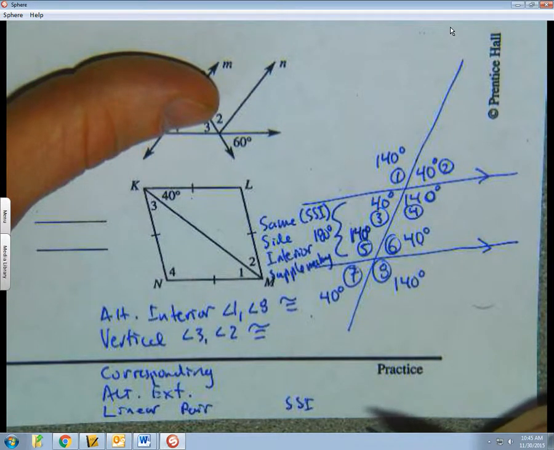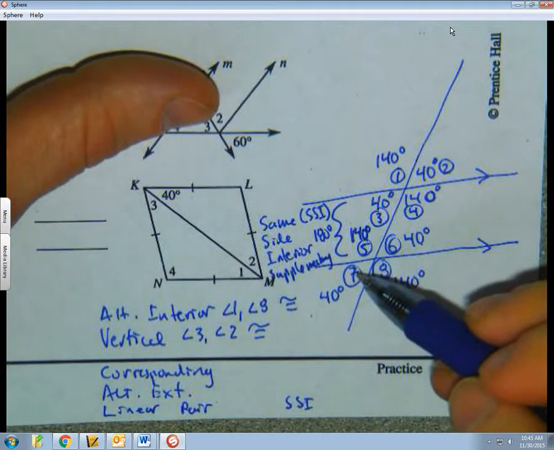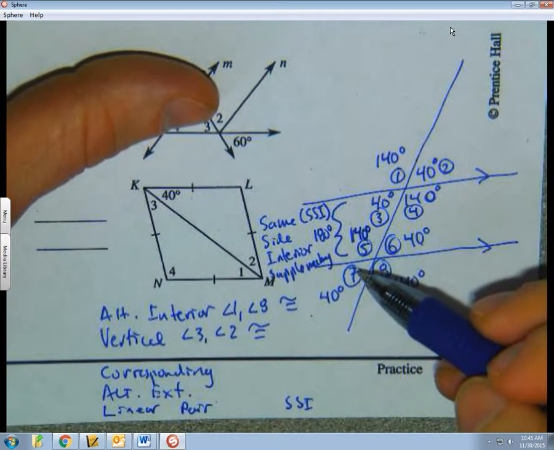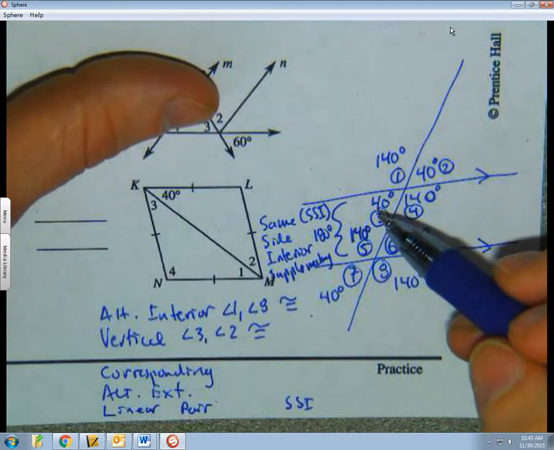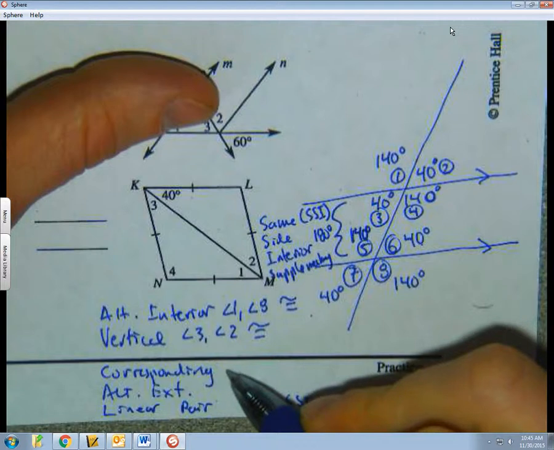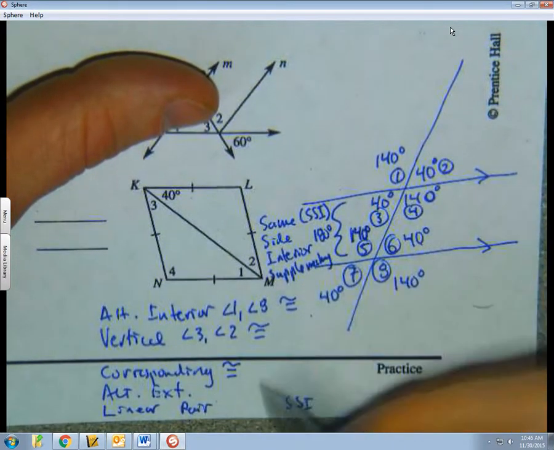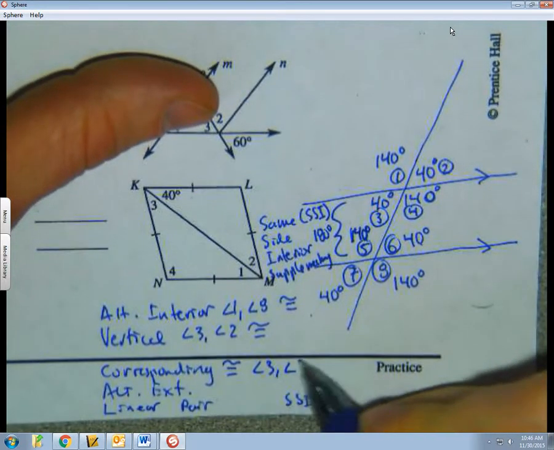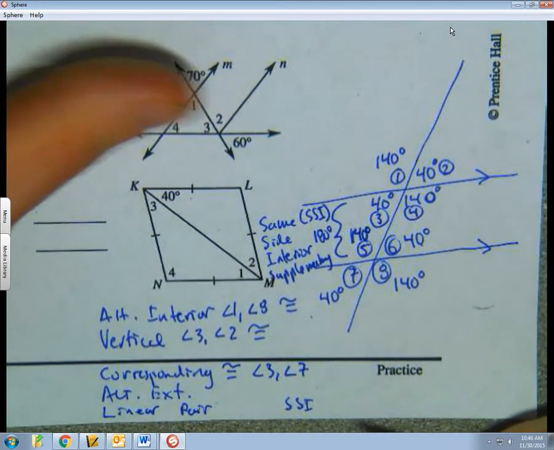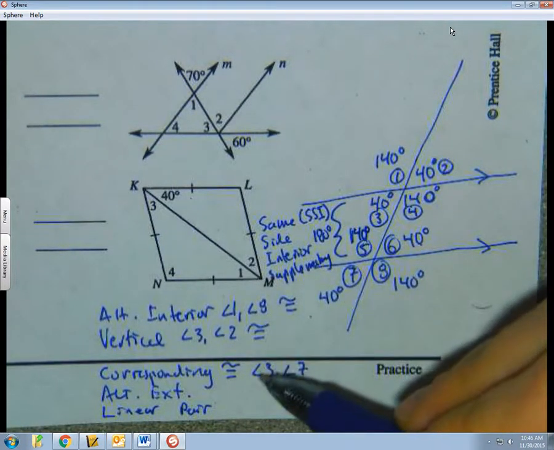Corresponding is one interior, one exterior on the same side. So 40 and 40, that is congruent. I'm going to say angle 3, angle 7. Oops, looks like I switched alternate interior and alternate exterior.